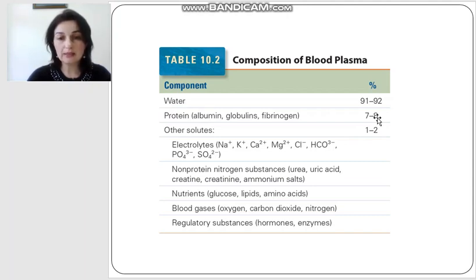The remaining 8 to 9% is dry substance, of which 7 to 8% is the proteins of the plasma, composed of albumins, globulins, and proteins which participate in coagulation of blood. Then among other solutes we see electrolytes, hormones, nutrients, blood gases. They constitute just 1 to 2% of the plasma composition.